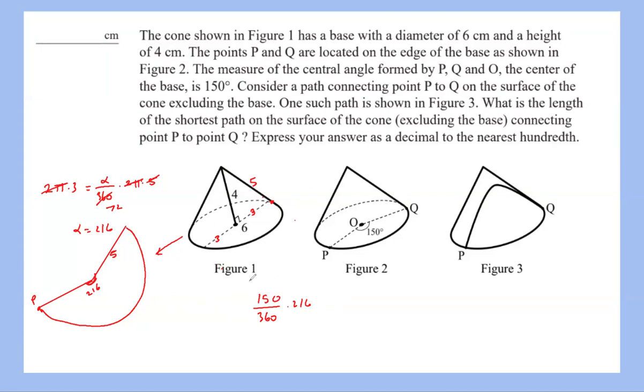So what I'm trying to say, when you open this cone, the distance between P and Q is going to be part of this arc, but this complete arc corresponds to the circumference. But we just need to know what it would be if I just take 150 degrees out of 360. Okay, so I hope that is now better.